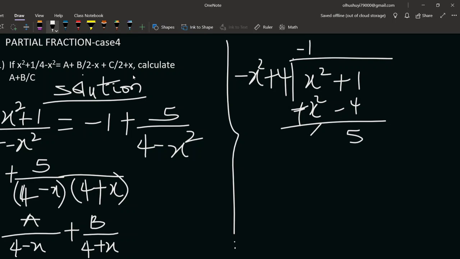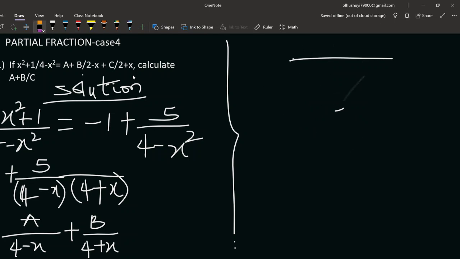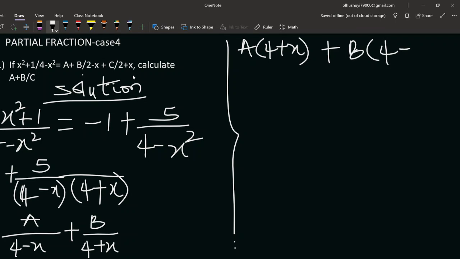So what do we have? We're going to have A open bracket 4 plus x plus B open bracket 4 minus x.